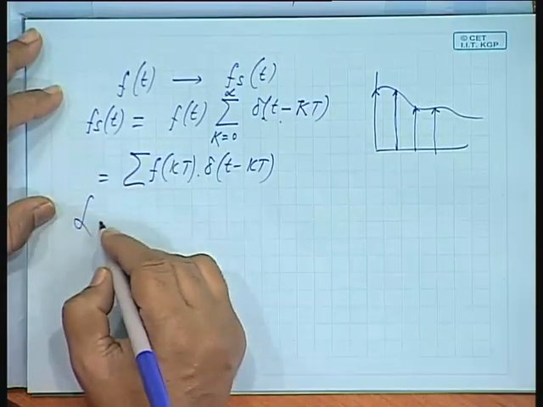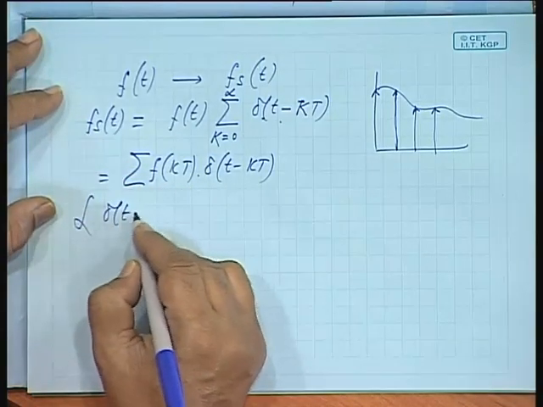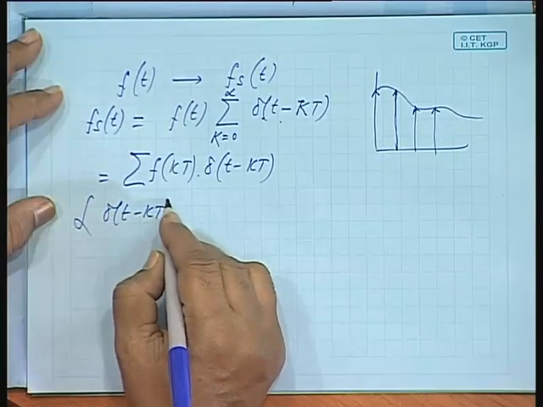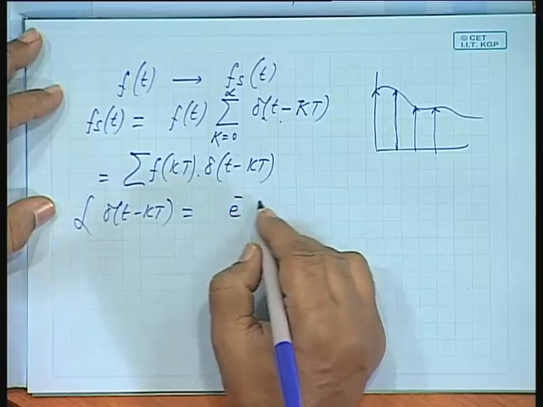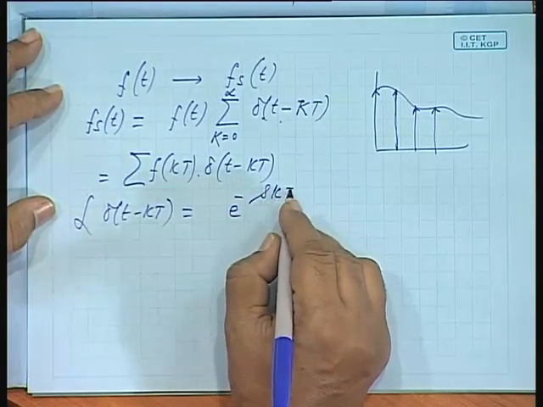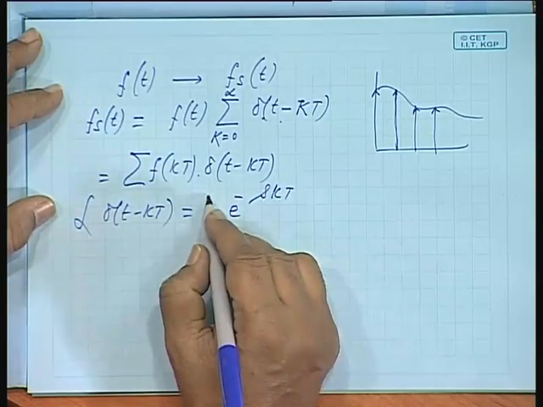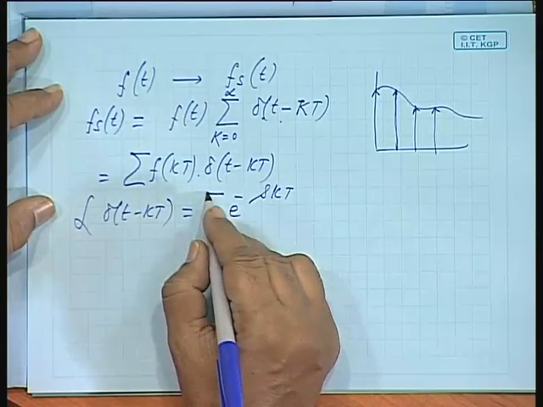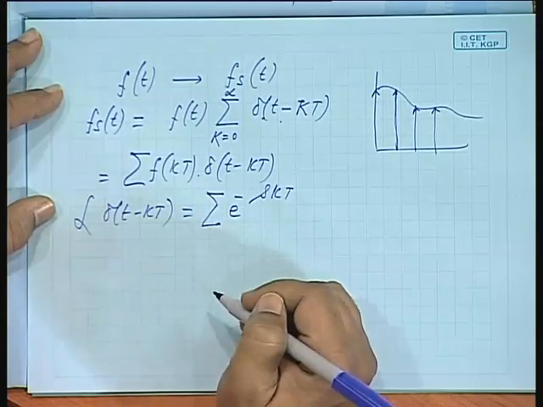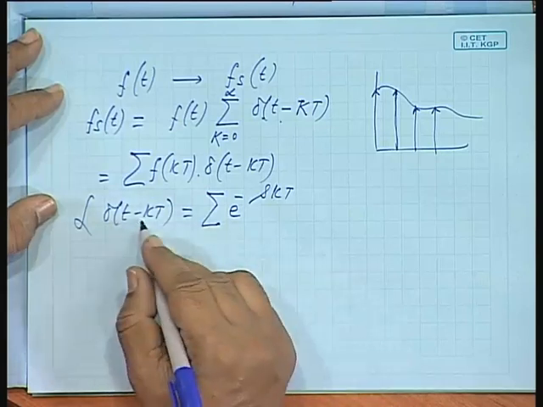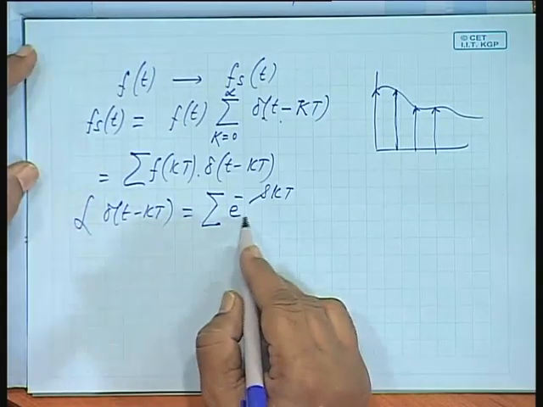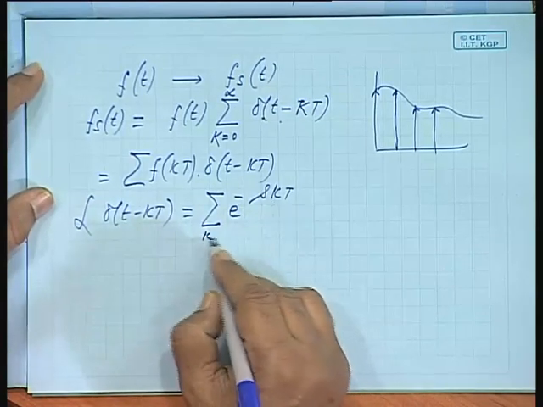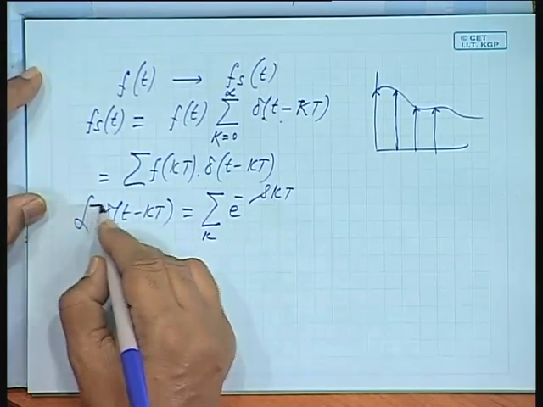Now, the Laplace transform of delta t minus k T is e to the power minus s k T. This is a shifted impulse, and a series of shifted impulses will give me a summation over k of this function.